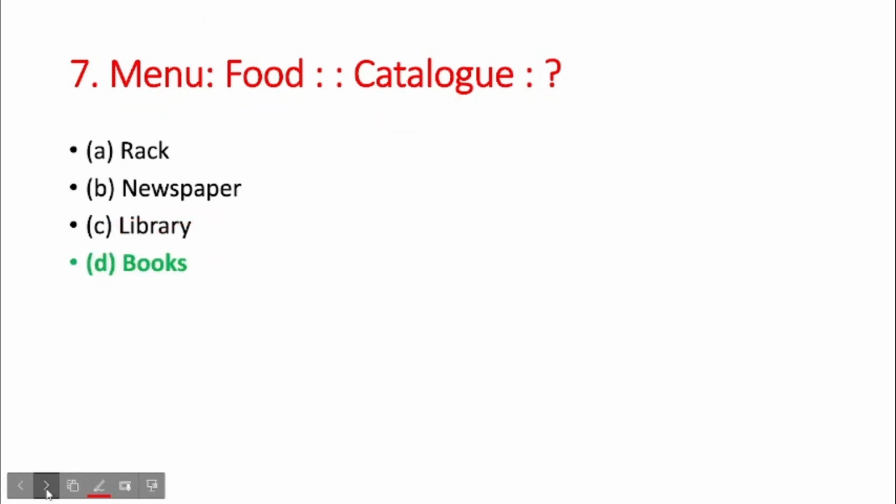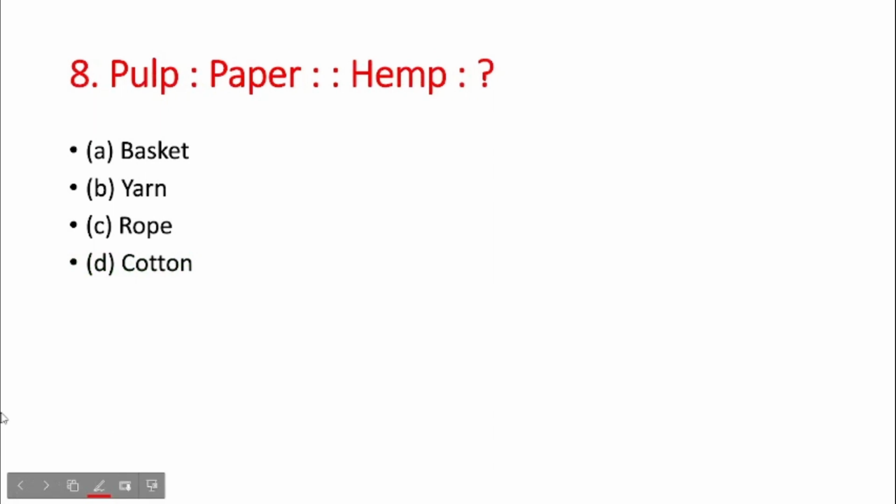Just to make us confused, they have given library as an option also, because we can get confused that catalog is related to library and that library could be the answer. So we need to be a bit careful, even though we think we know the answers. Okay, so the next question might be the last question.